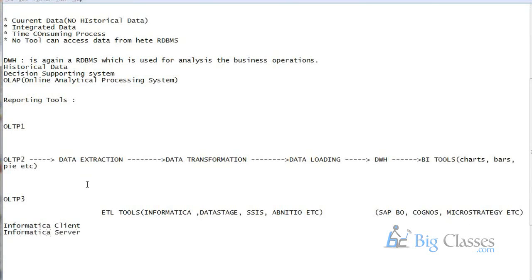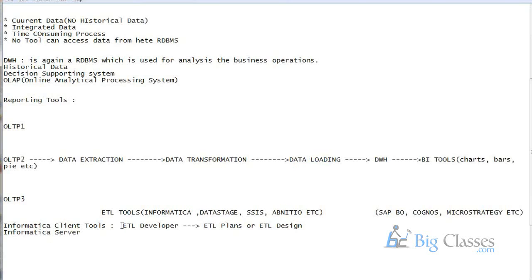Using the Informatica client tools, the role given to you is the ETL developer, who will be designing the ETL plans or ETL designs. What is this ETL plan or ETL design? The plan of extracting the data from the OLTP systems, transforming the data, and loading the data into the data warehouse. This is nothing but an ETL plan.